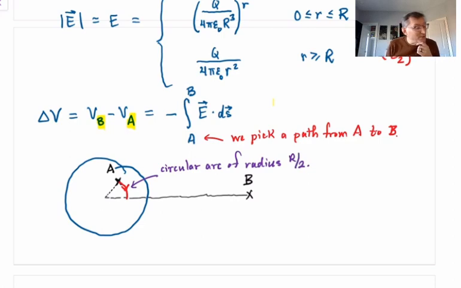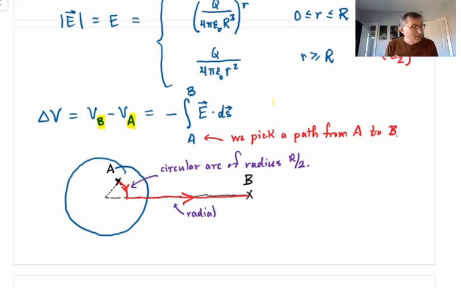You see why I want to do that for that part? That gets me down to where I'm on the line towards B. And then I just go radially out from the center until I get to point B. Okay? So that's what I would call a radial part of the path.